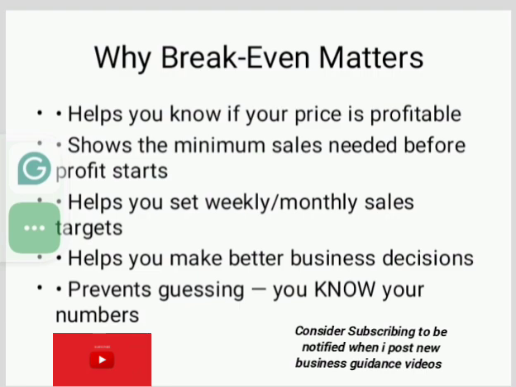Now, I would like to give each and every one of us a very simple assignment. I would like you to tell me how many units you need to sell before you begin to make profit. I also like to know how much is your selling price. After, you must have given me the cost of your fixed cost, which is your total running cost. What is your direct cost?